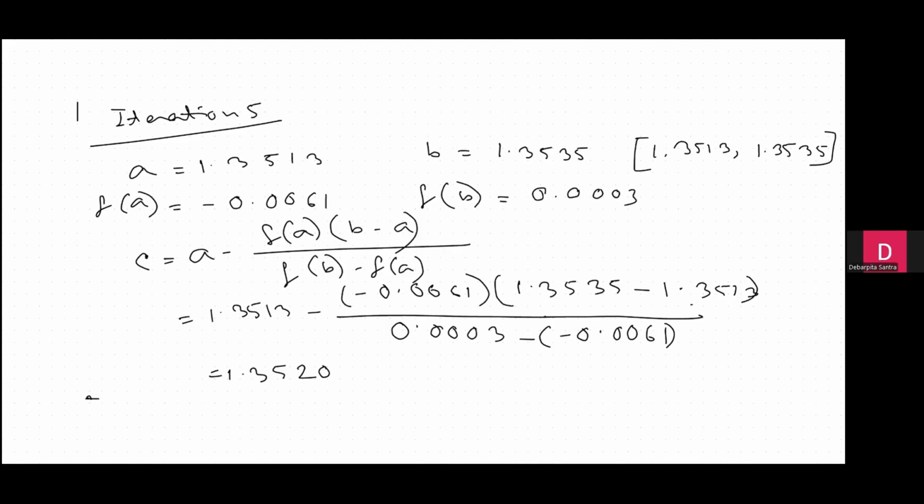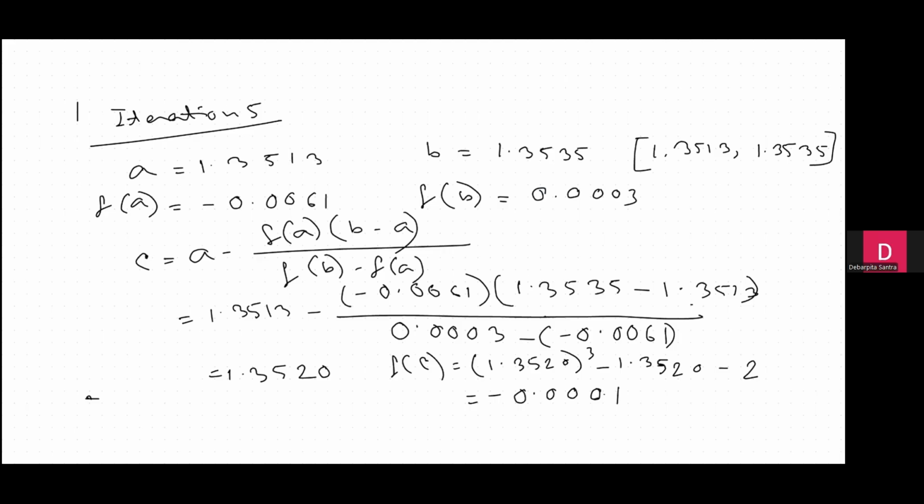So what is our f of c? f of c is 1.3520 whole cube minus 1.3520 minus 2, and it will become minus 0.0001. You see that is very close to 0. f of c is very close to 0 and our c is 1.3520. So what is our previous c?